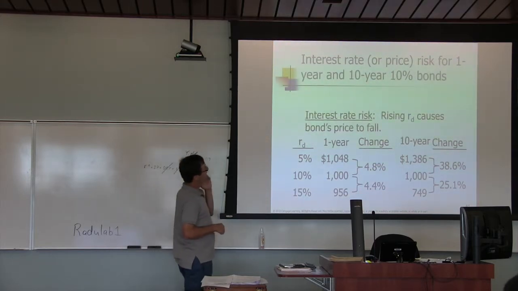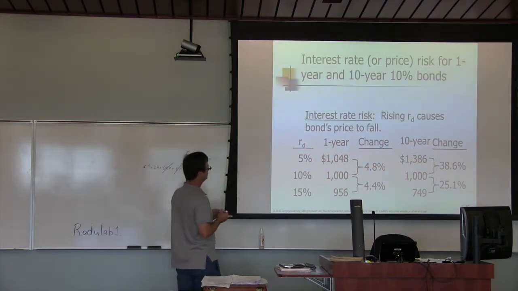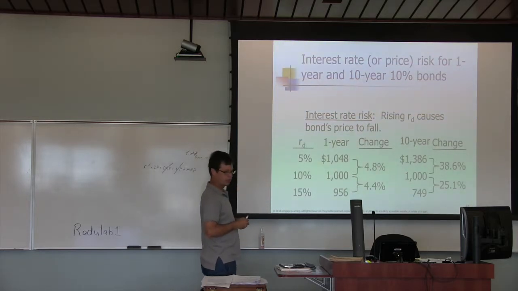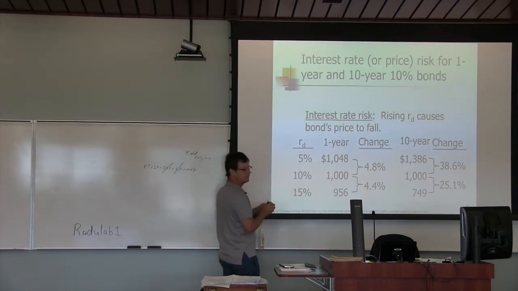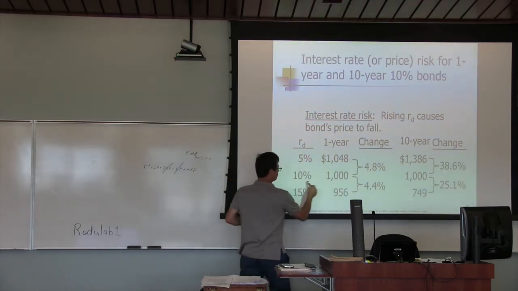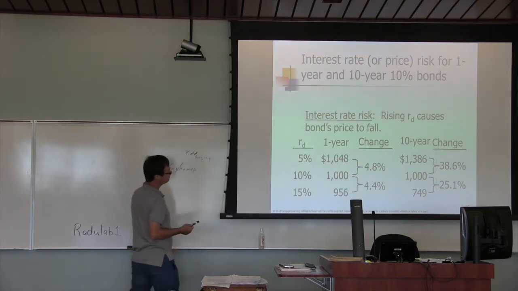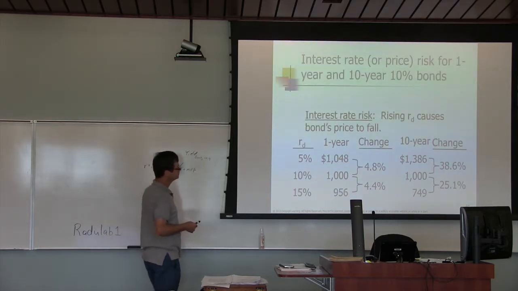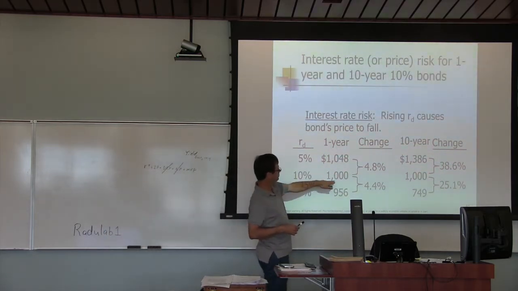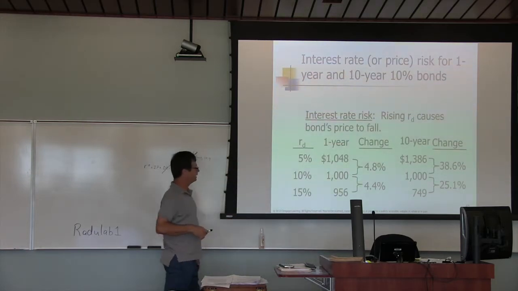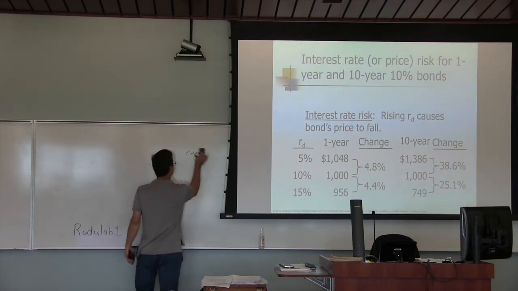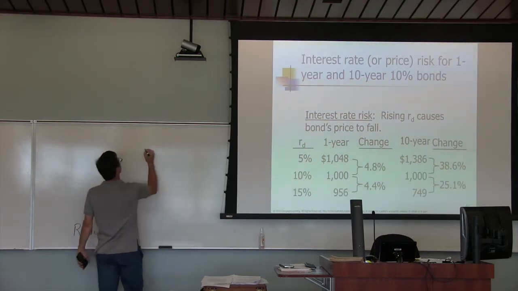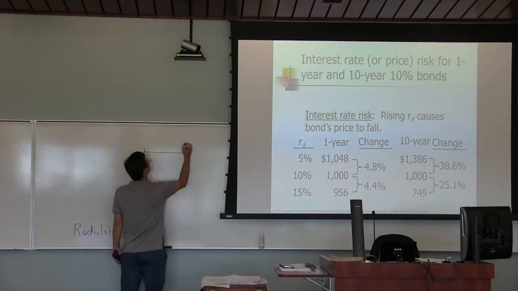So let's go ahead and crunch out some of these numbers just for a bit of practice. In this example, if we know that we've got a 10% required return and a 10% coupon, then the price of that bond is going to be $1,000. Let's simplify that. All we'd be talking about there is 1 year.